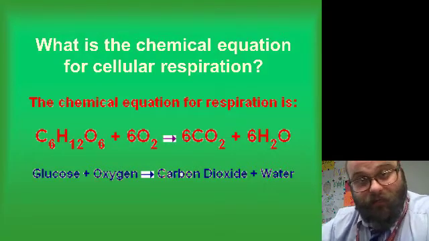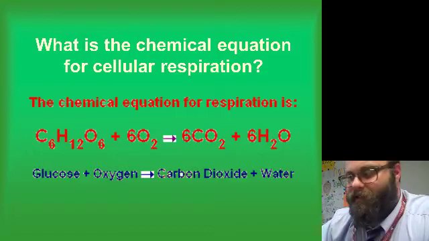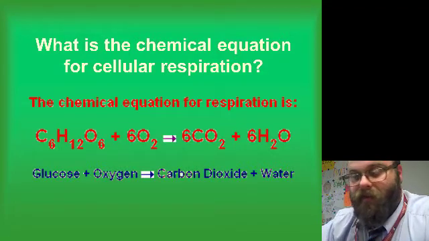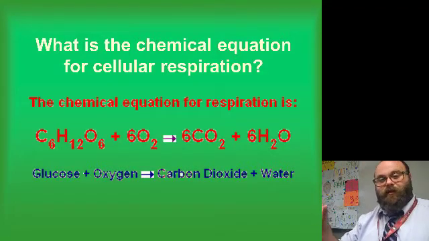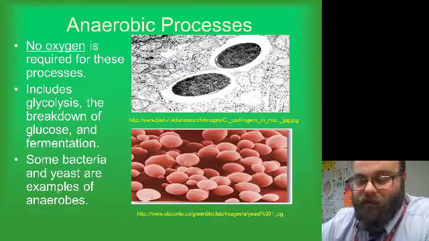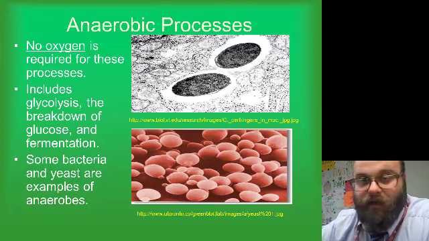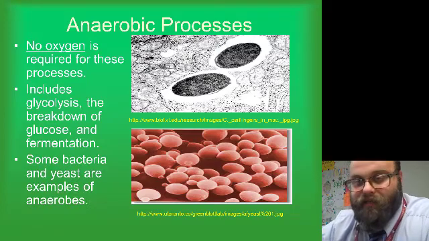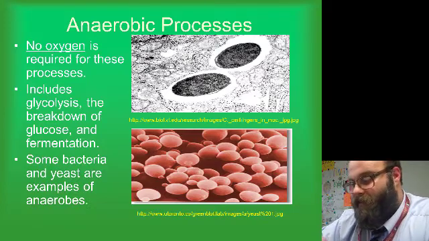We're doing essentially the opposite of what photosynthesis is. If you look at these 2 formulas, we're taking the reactants and the products and flipping them around. There is a type of respiration that can occur where there's no oxygen, and this is called anaerobic processes. And anaerobic processes happen in very rare cases. Yeast, for instance, can do this.